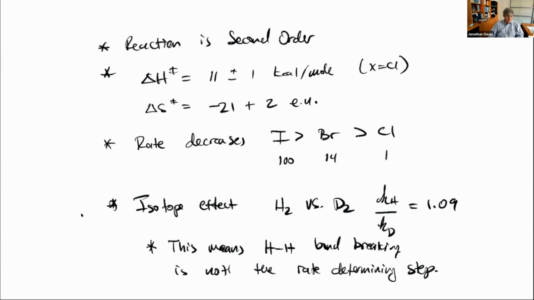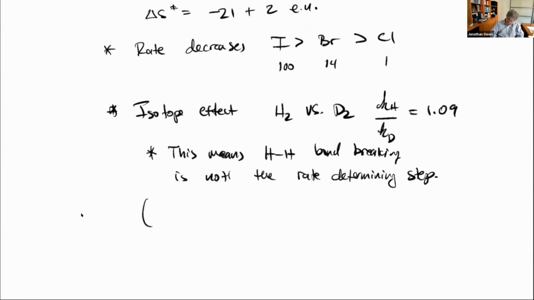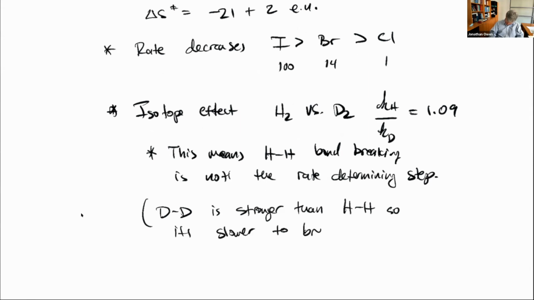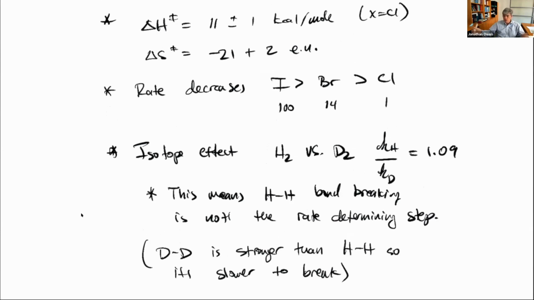So how does that work? How do you have a second order reaction, two molecules coming together to cleave the hydrogen-hydrogen bond, and end up with a case where the bond strength doesn't matter?